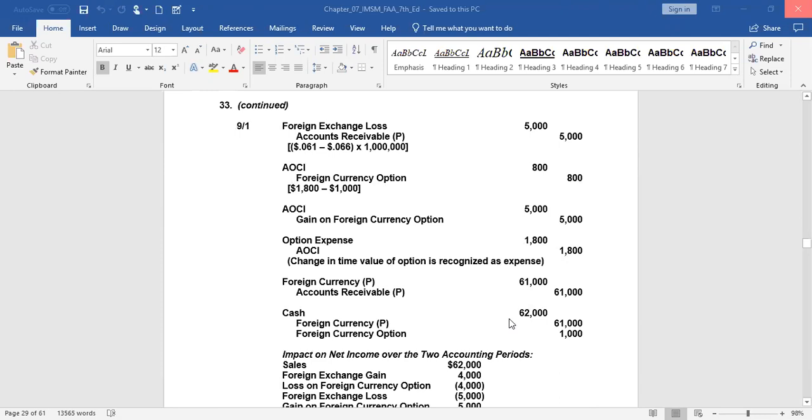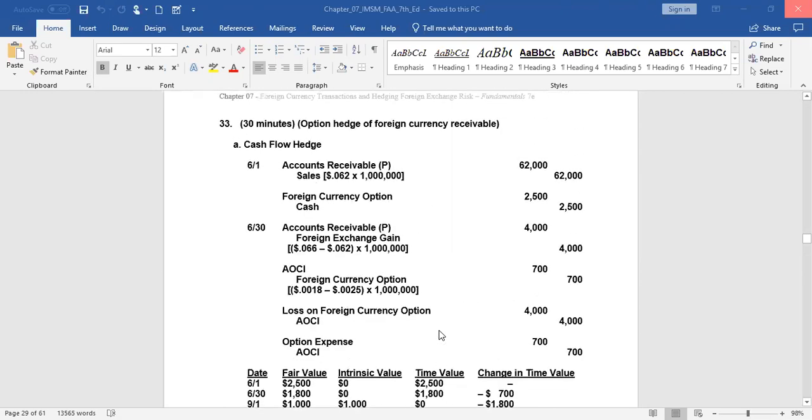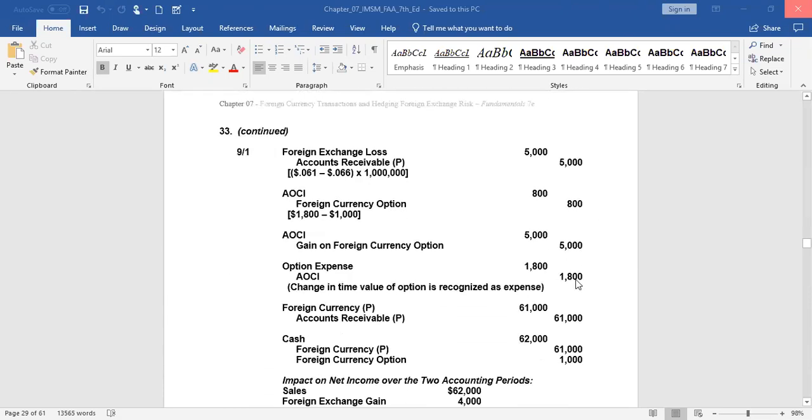Okay, so if you actually made a T account for your foreign currency option, you would have a debit of 2,500, a credit of 700, and then a credit of 800, sorry.